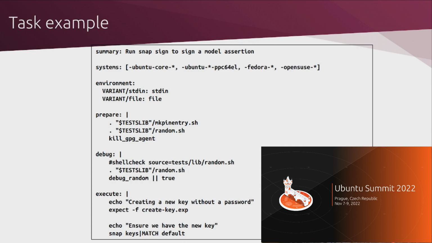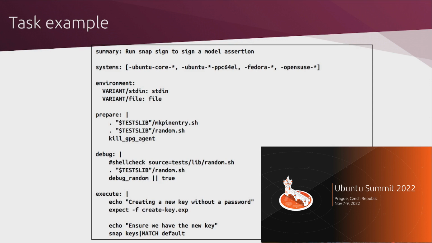So what Spread is going to do is run the prepare, which combines the prepare of the test suite and the project, then execute the execution part, and then restore. In case there is a failure at any point, it will execute the debug section, and it will show you the results.